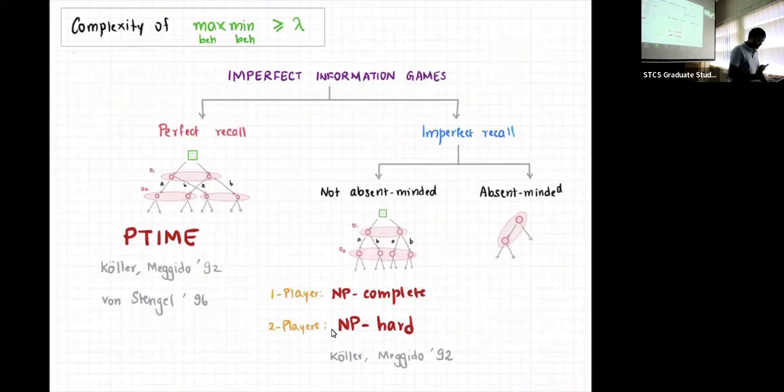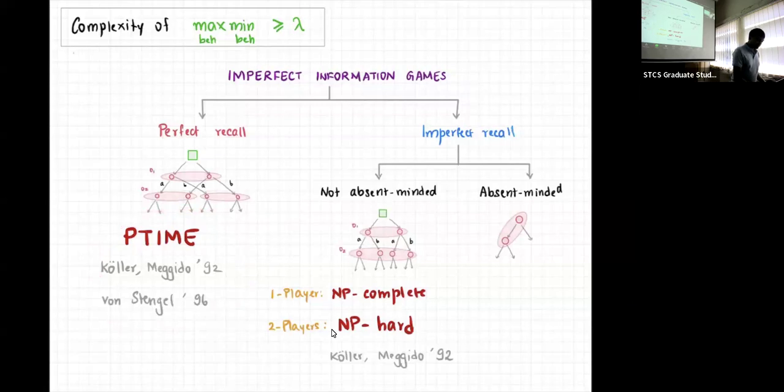So here are the known results. Notice that these are all imperfect information, and within that you have perfect and imperfect recall. For perfect recall games, you have imperfect information, but still you recall. You can build a linear program to solve the max min, and it can be done in P time.